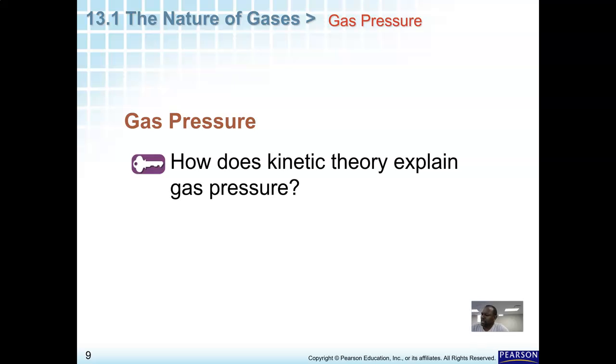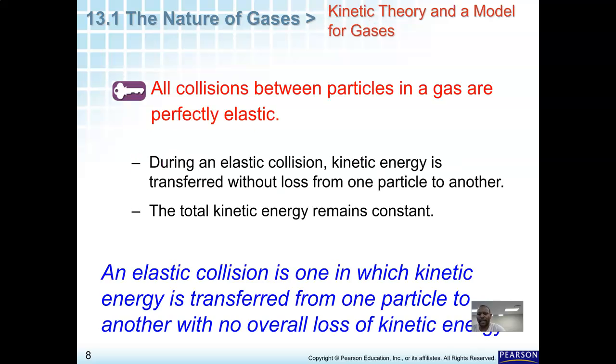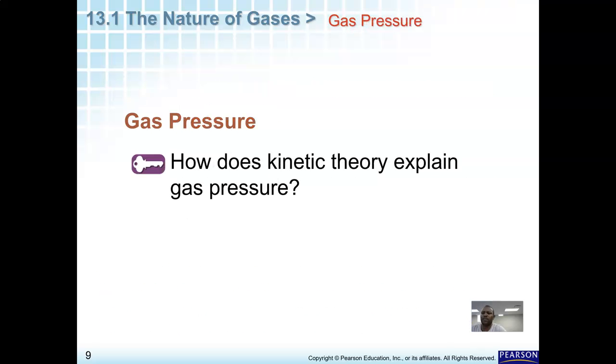And the next thing that we need to know is gas pressure. To understand gases, we need to understand how the pressure of gases behaves. One thing we need to know is what pressure is. Pressure is calculated as force over area.